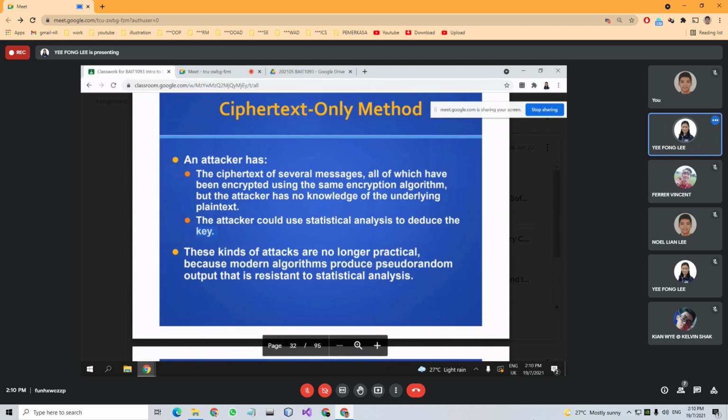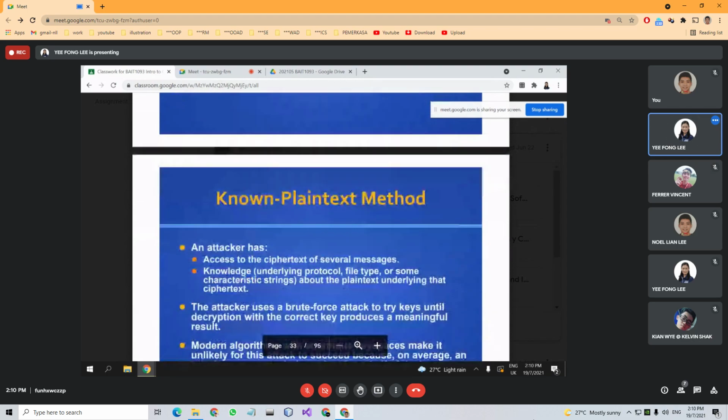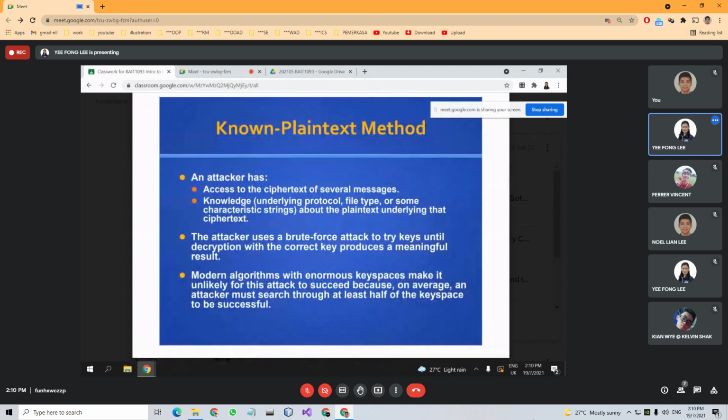After the ciphertext only method, we have the known plaintext method. The attacker has a collection of plaintext and ciphertext pairs and is trying to find the key for ciphertext that has been encrypted with the same key. What is the cryptanalyst's job here?